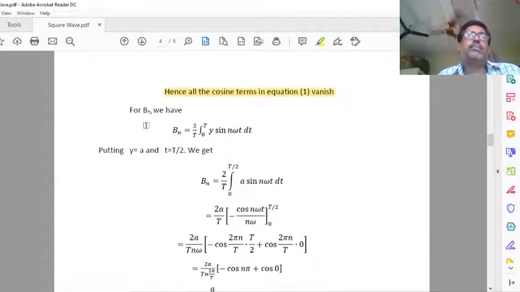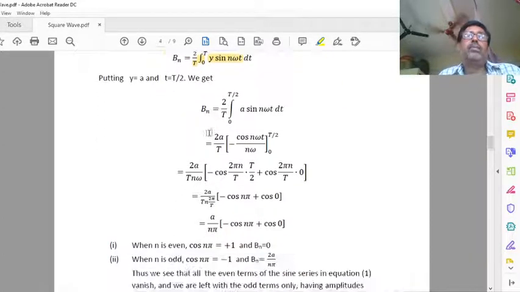Now last, bn. Again bn is equal to this one, and as we proceeded earlier, we take y is equal to a and change the limit here, and integration of sine n omega t is equal to minus cos n omega t by n omega, and again omega is equal to 2 pi by T, and we are going to set the limits.